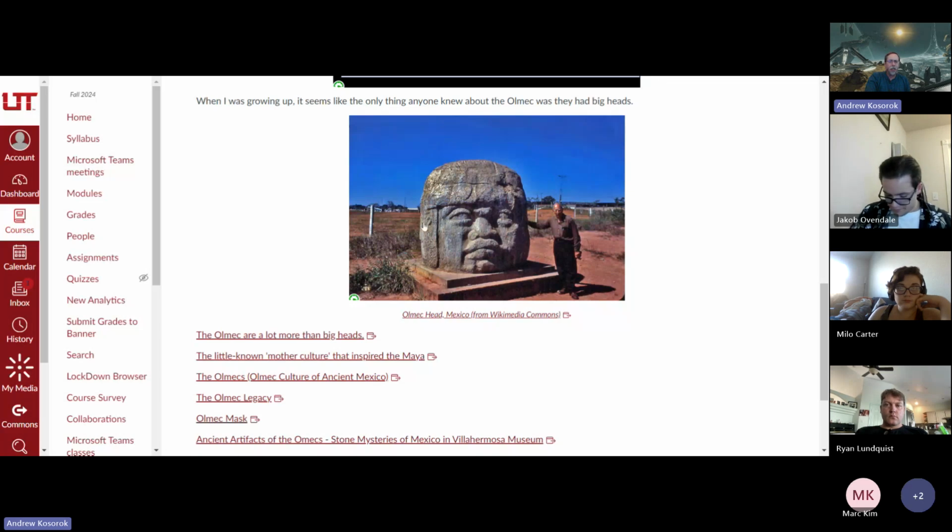And the fact that there are dozens of these and they have varying features, and the features seem to be reflective of individuals rather than idealized human form, I think perhaps we could make an argument that these are portraits of individuals and probably portraits of social leaders.